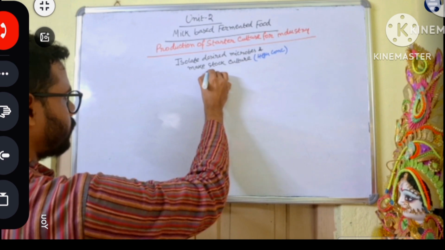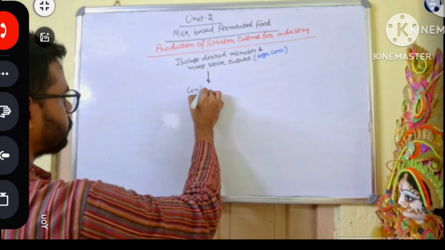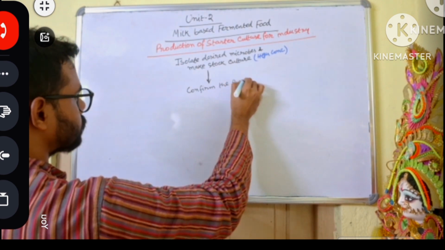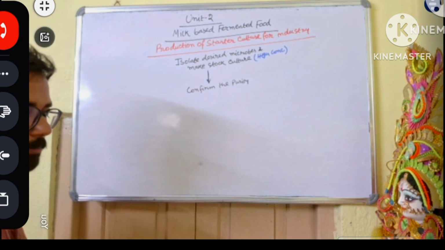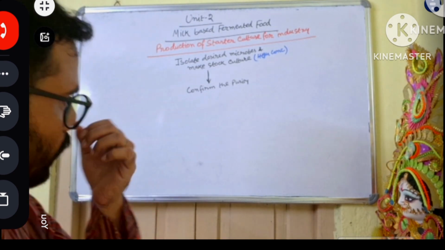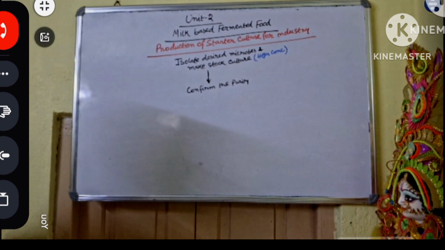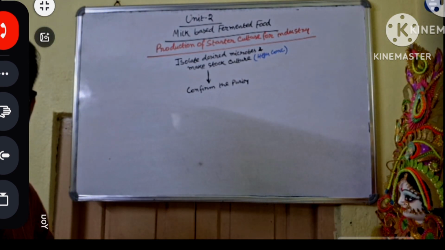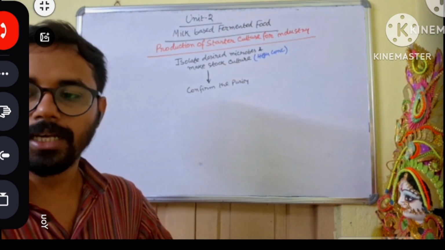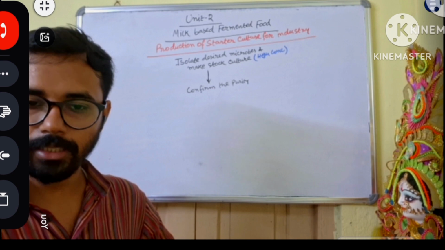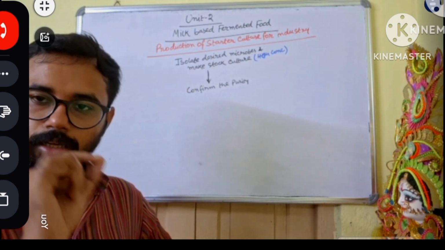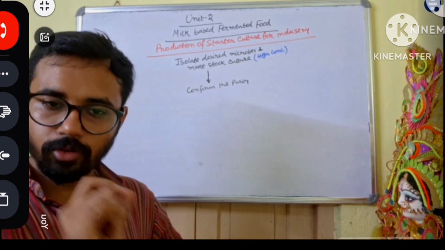The next step is to confirm the purity. Important step. If you isolate the desired microbes and they are mixed, then we cannot use them to start the fermentation. So first check the purity. Purity means whether it is mixed with other microbes or not, whether it is properly only one group of microbes.